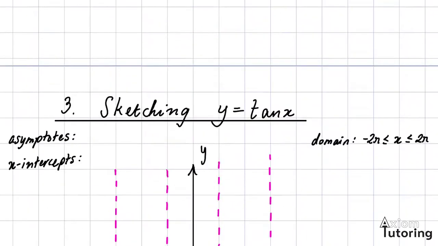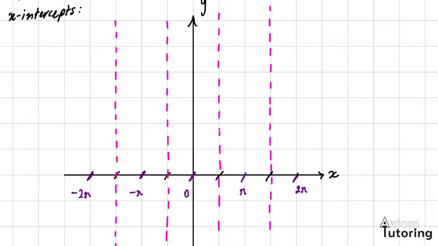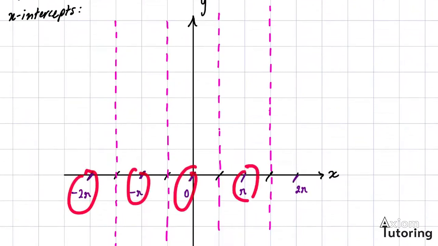So finally, for tan x, again sketching over the domain from minus 2 pi to 2 pi, the tangent graph completes 4 full cycles. The x-axis crossings will be at minus 2 pi, minus pi, 0, pi, and 2 pi.